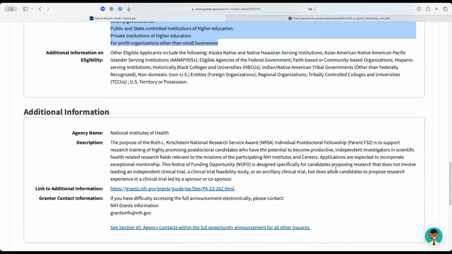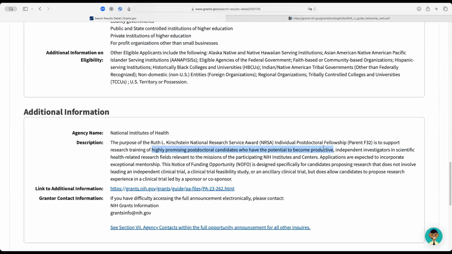And we see again that it is designated towards allowing in research. In this case, it's highly promising postdoctoral candidates who have the potential to become productive independent investigators. And this is what I was talking about in that first case, where a newly hired faculty person had just finished their doctorate the previous spring, defended, graduated, and come to join our faculty. This is what he was being advised to do.